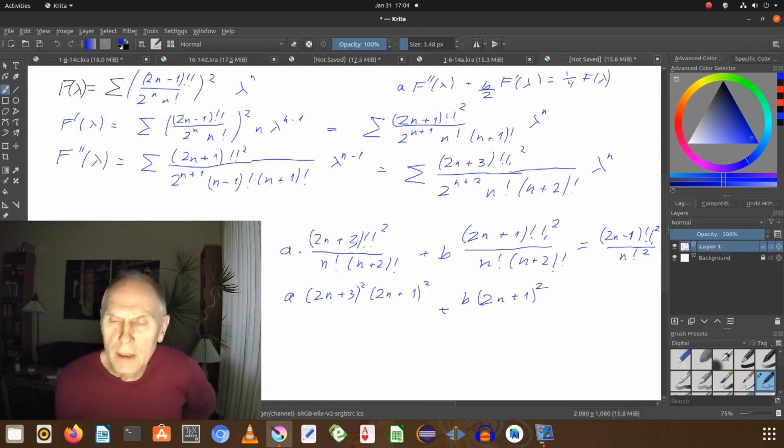And then we multiply by n factorial squared.